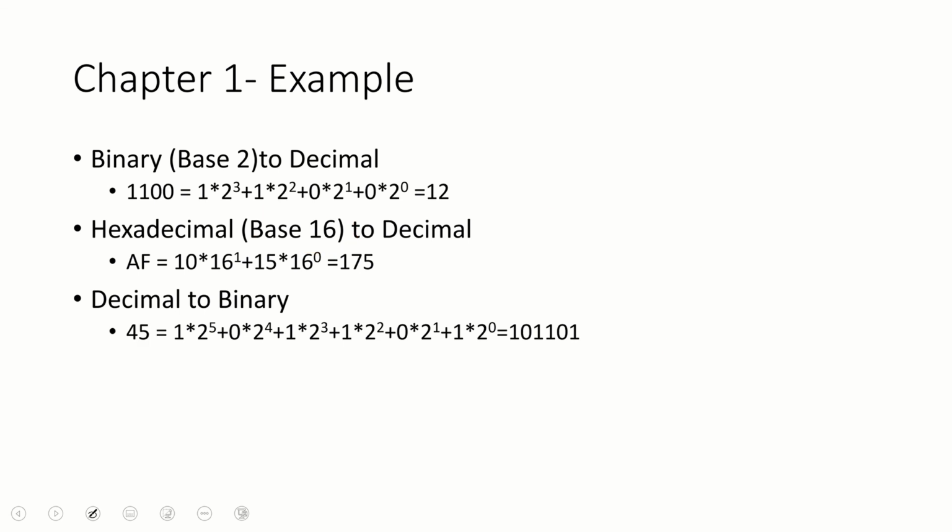This is the same as how we do conversion to decimal, right? Every time we convert binary to decimal, you just multiply by the base number. Hexadecimal to decimal, you multiply by the base number as well.